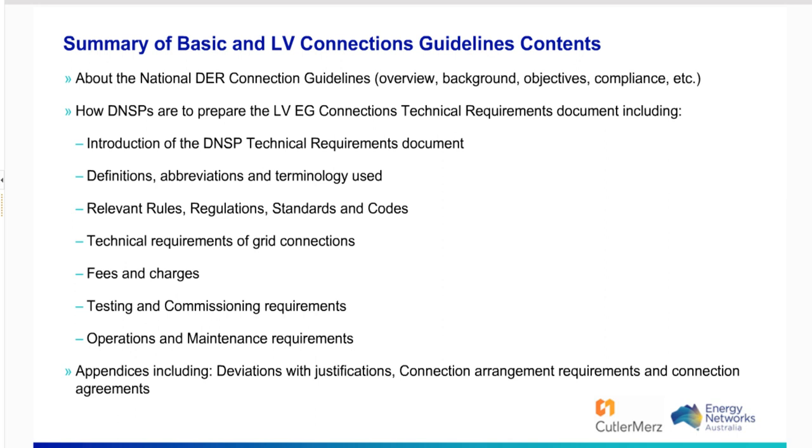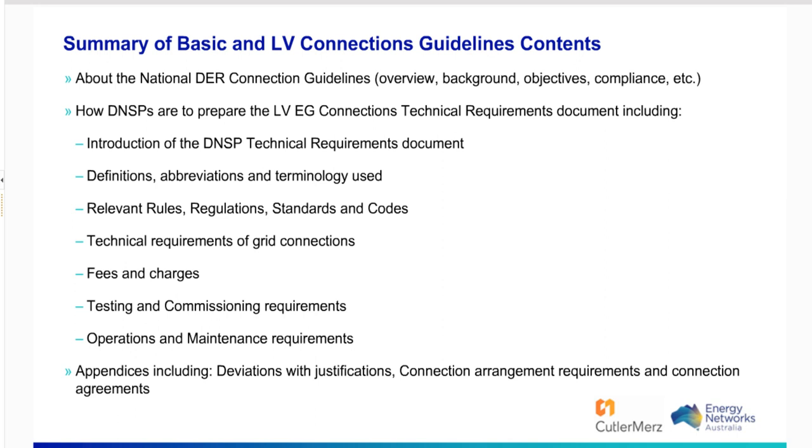It works through a lot of the background that Stuart introduced on this webinar already, and then works towards being an instructional document to DNSPs, where DNSPs then develop their own particular standards for the connection. There is an introduction to the technical requirements, the use and consistency of definitions, abbreviations, terminology, and the relevant rules and how they're to be leveraged within the individual DNSP standards as they're developed.